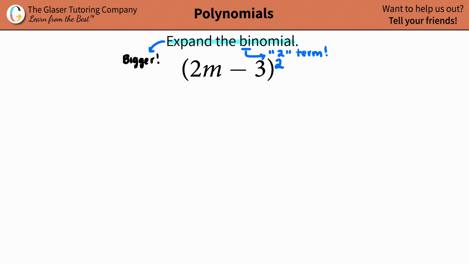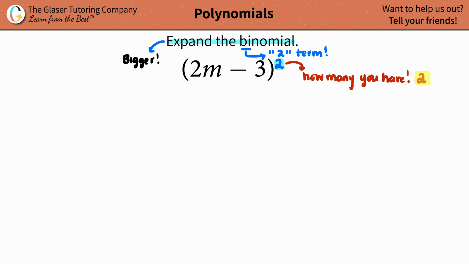Now, when you're raising binomials or polynomials to any exponent, so raised to the second, raised to the third, etc., that exponent is telling you how many binomials or polynomials you have. So in this case, if we are taking our 2m minus 3 and squaring it, we have 2 of those binomials.